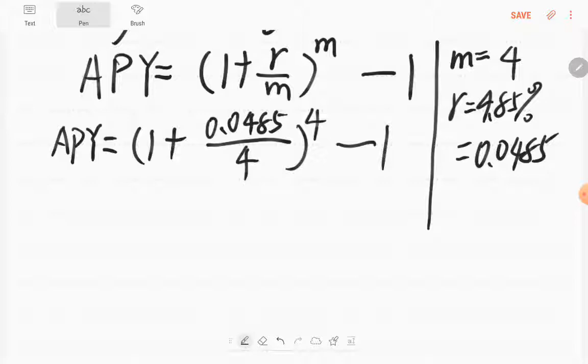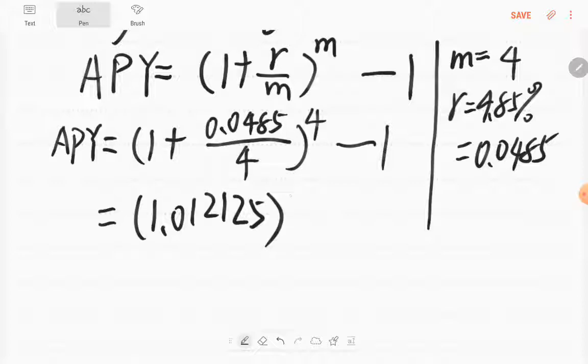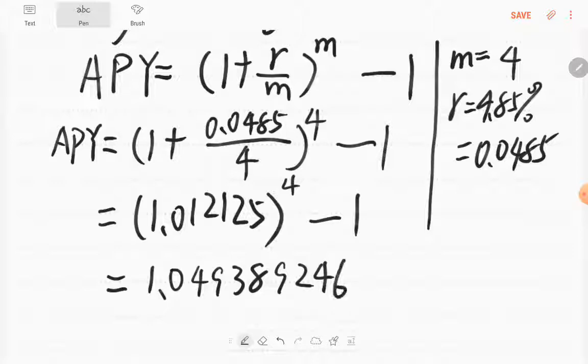It's 1 plus 0.0485 divided by 4, which is equal to 1.012125, to the fourth power, which is equal to 1.049389246, minus 1.